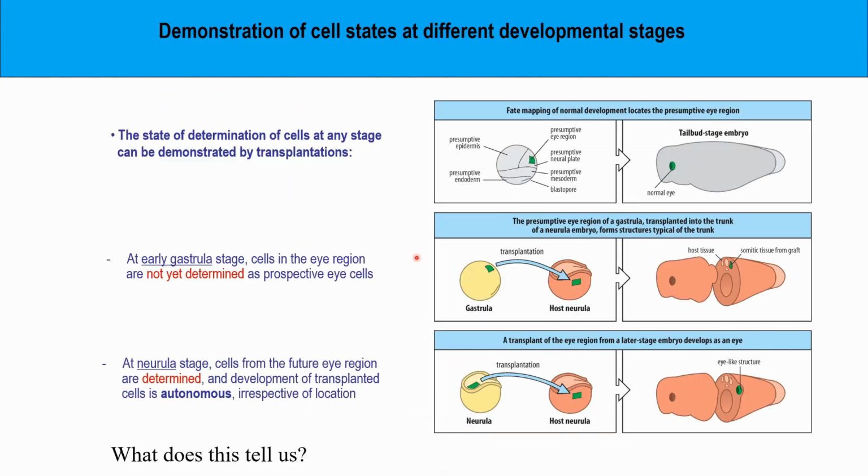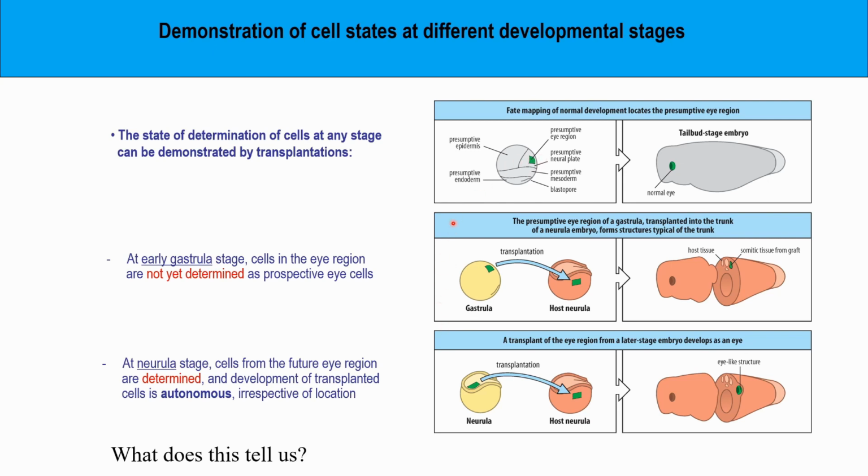This slide is a more complicated iteration of the last slide, and it also shows that the state of determination of cells at any stage can be demonstrated by transplantations. And experiments they did here, fate mapping, with regions that normally give rise to the eye.